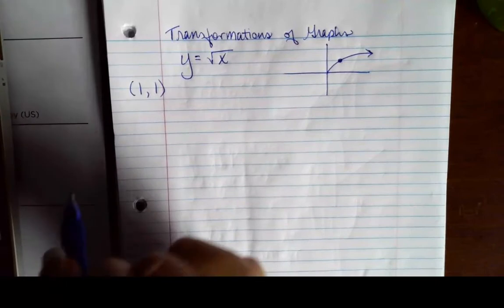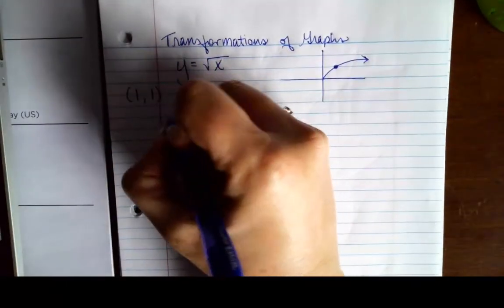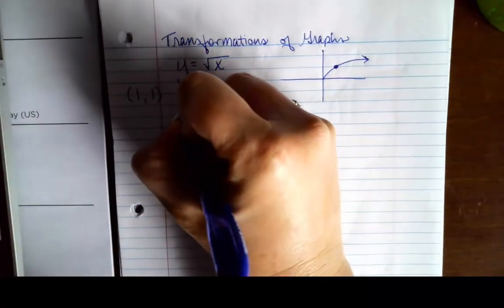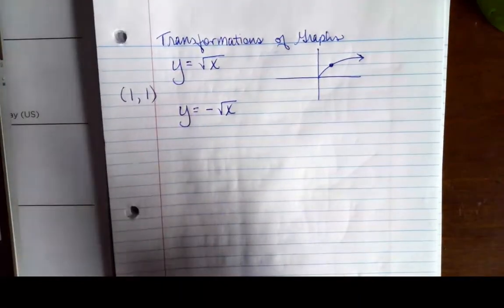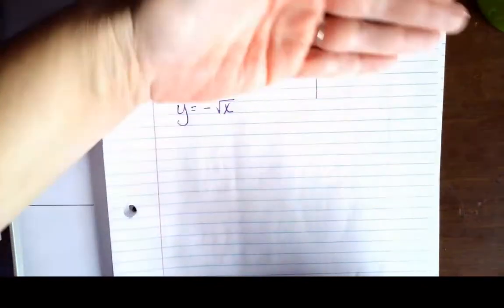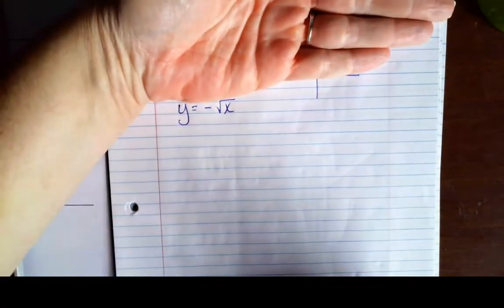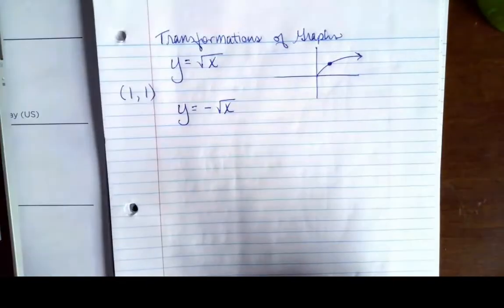So one of the first things we want to do is flip things. If I want to flip things, I am going to put a negative out front. So a negative out front is going to flip this thing vertically. It's going to go from up and to the right to down and to the right.